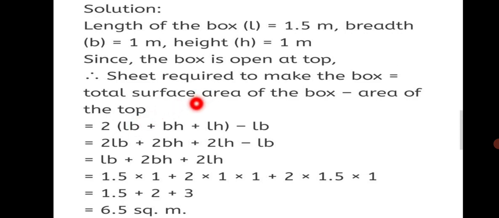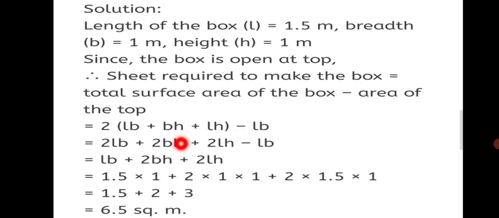So total surface area of the box is twice our formula, length into breadth plus breadth into height plus length into height, minus area of the top, which is length into breadth. So we will minus this much portion because we are not keeping the top. We are keeping the top open. It's not closed. So we will have to minus the area of the top portion.